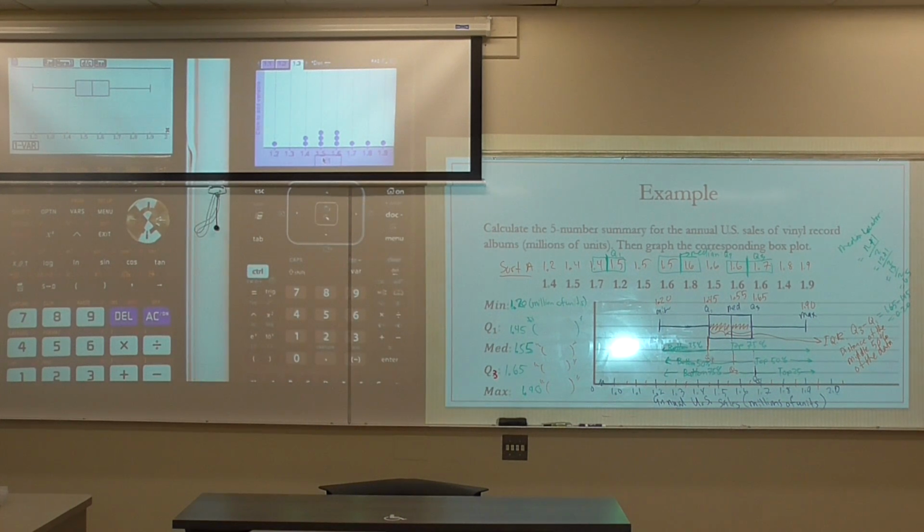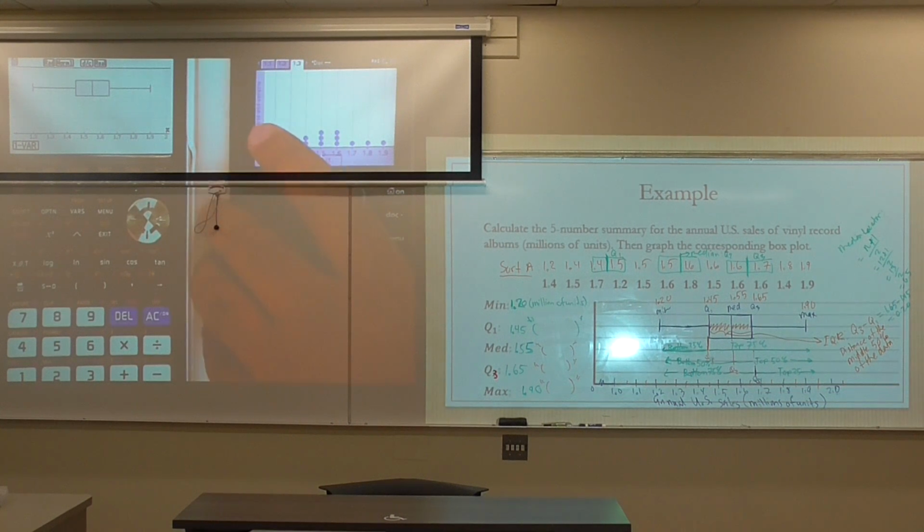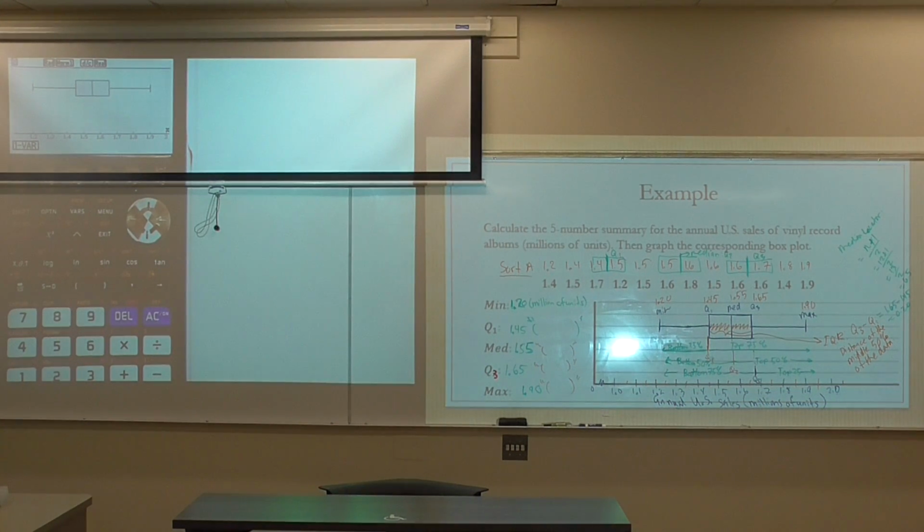So therefore, no outliers. So it makes sense. But anyways, that's how you can pretty much do it on the Inspire. Just remember, you have to make a new page and do it that way. Don't do it through the lists and spreadsheets. It's not going to work.